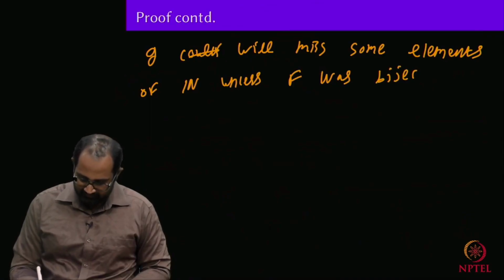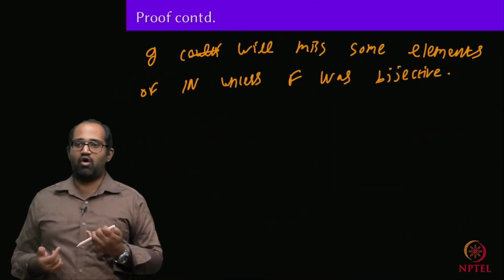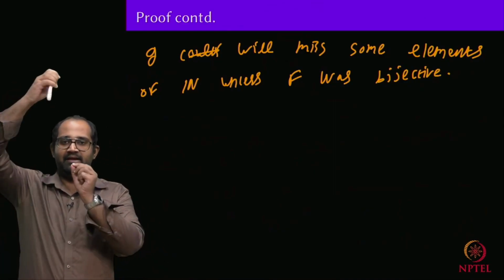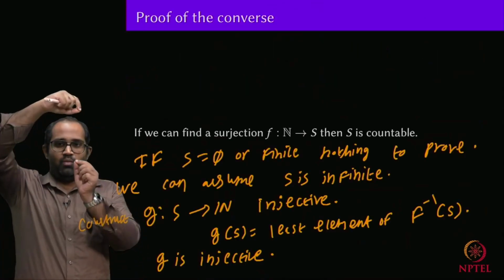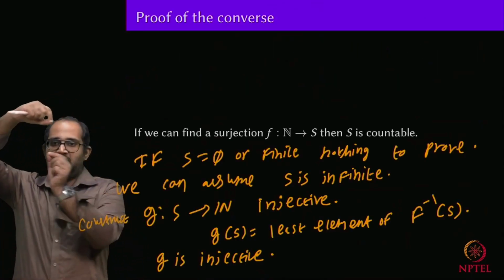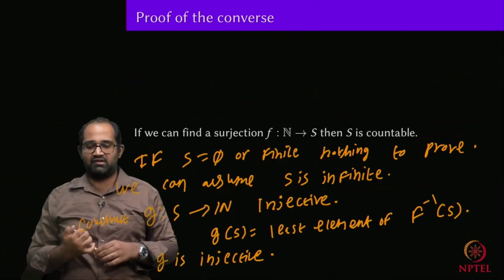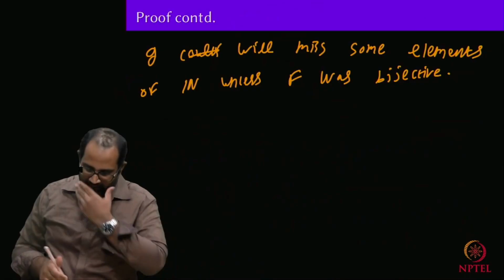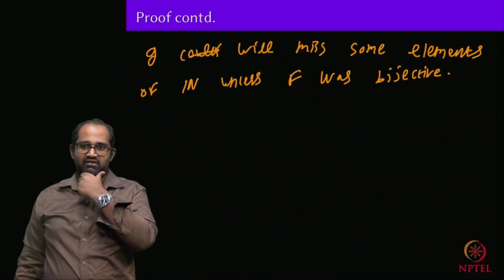This has to happen, right? If F were not bijective, that means there are at least two elements of the natural numbers that F would have mapped to the same element. One of those will be missed when you construct this G. Okay. How am I going to find out the required bijection?